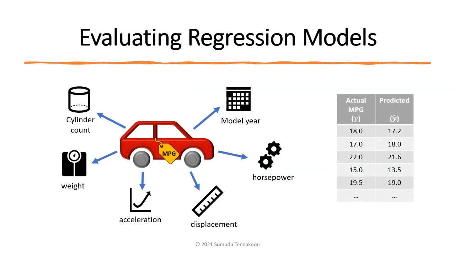Before we start discussing regression model evaluation, let's revisit one of the problems we worked on in class. I hope you all remember the Python exercise where we predicted the miles per gallon of a car using its characteristics such as cylinder count, weight, time to accelerate, displacement, horsepower, and model year.